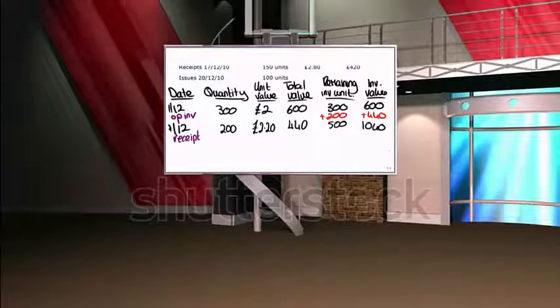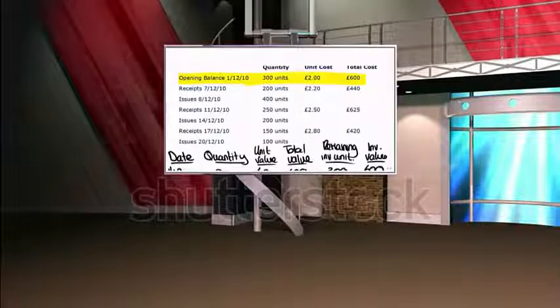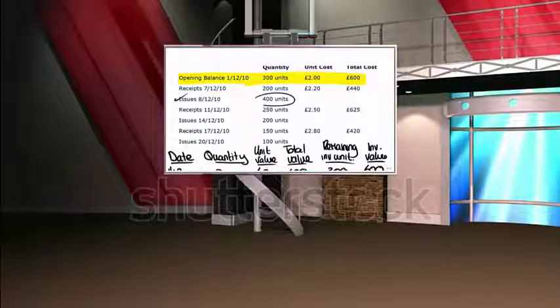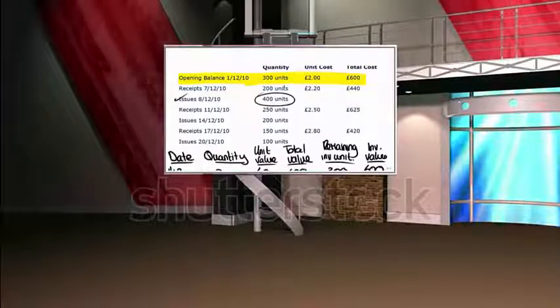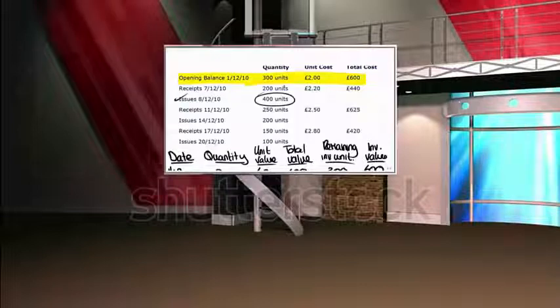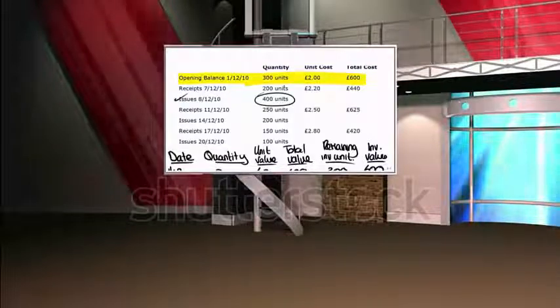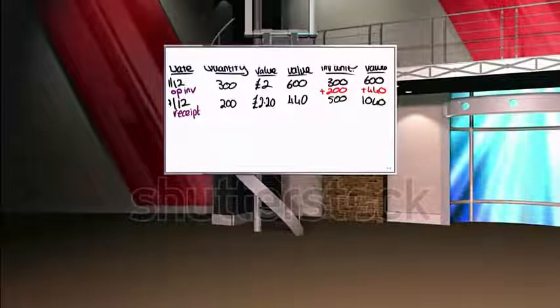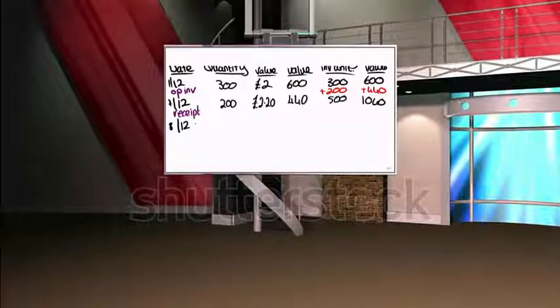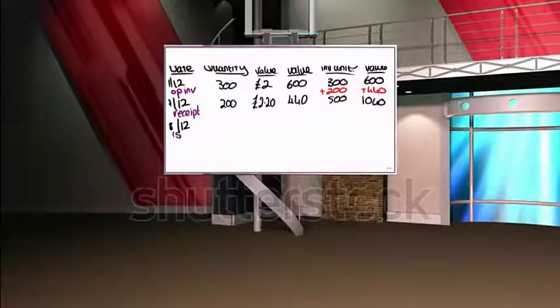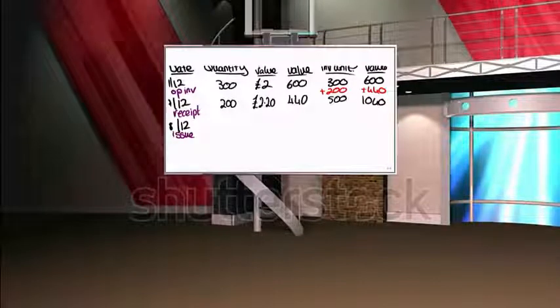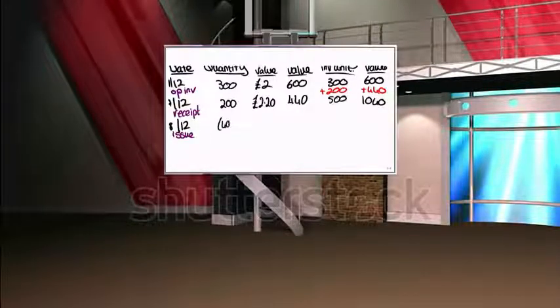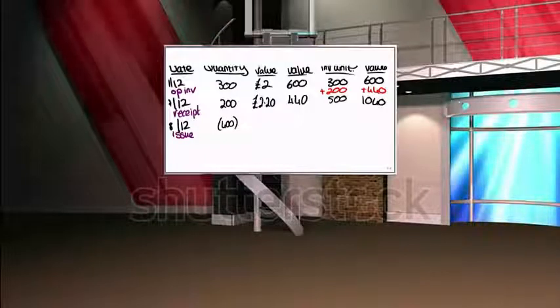Okay, what happens next? On the 8th of the 12th we issue 400 units. And this is where things will start looking different. So we'll record the 8th of the 12th. We have our first issue, 400 units in total.